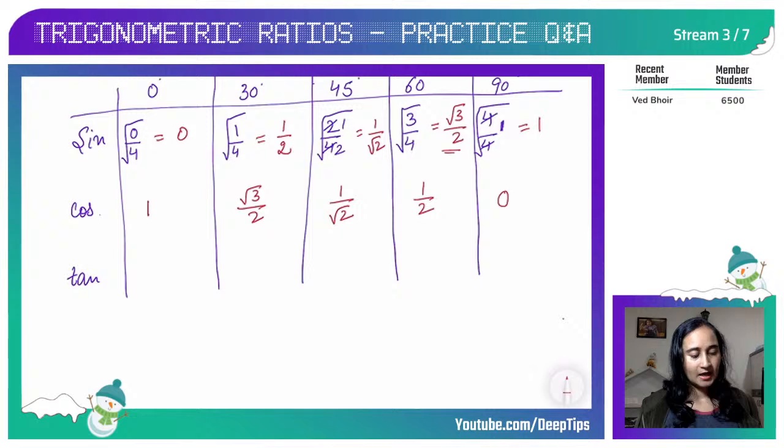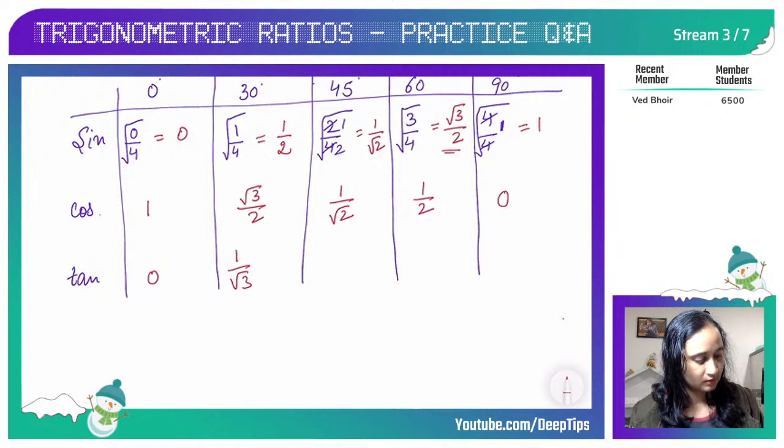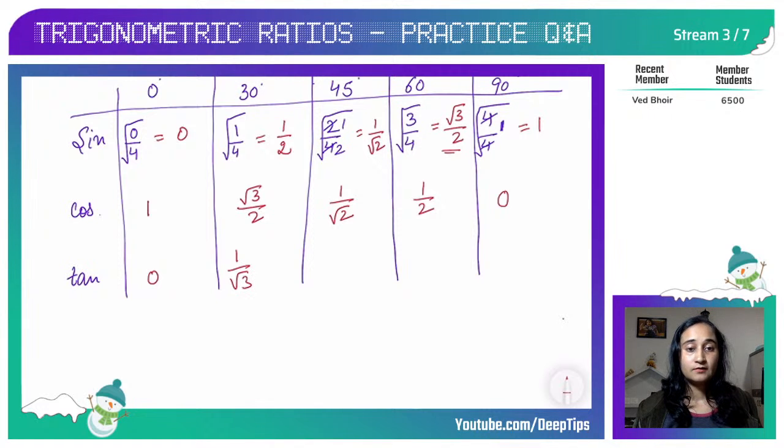Okay, so for tan we know that it is sine upon cos. So 0 by 1 is 0, and 1 by 2 upon root 3 by 2 gives me 1 by root 3. Tan 45 is sine 45 upon cos 45, which equals 1. Tan 60 is root 3, because the 2's get cancelled in sine 60 upon cos 60.